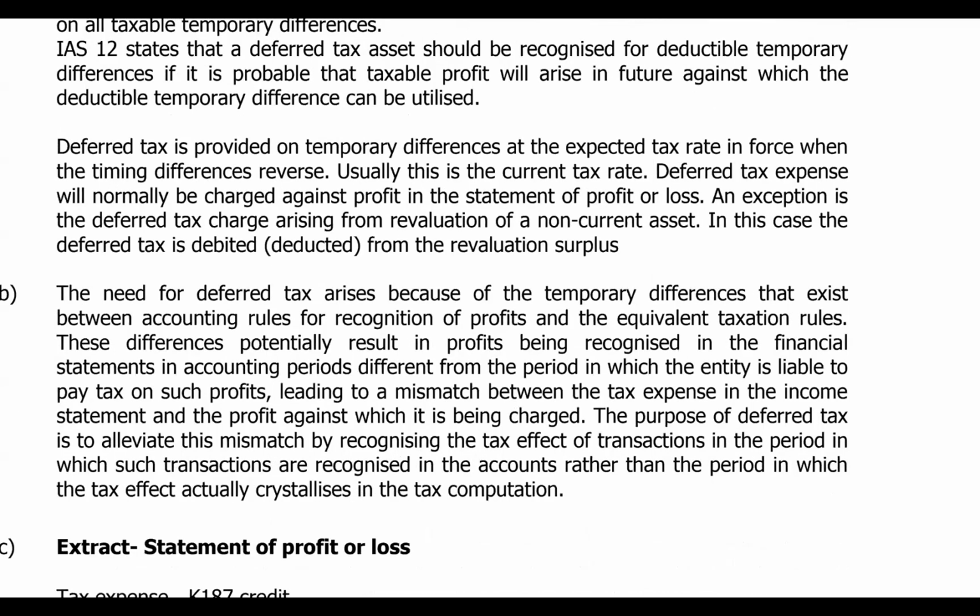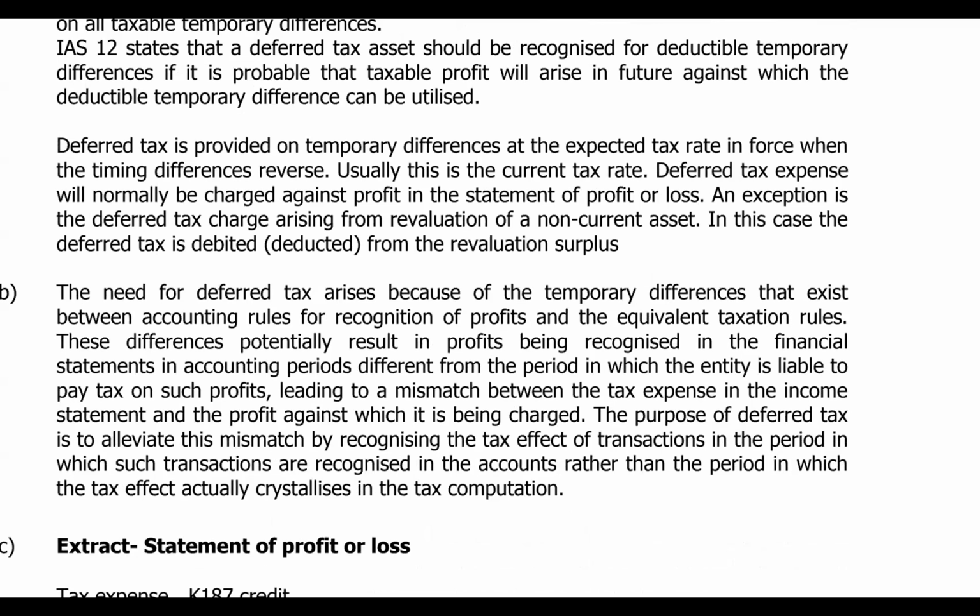Deferred tax is provided on the temporary differences at the expected tax rate in force when the timing differences reverse. So you apply the percentage on the temporary differences. That's how we get the deferred tax. I'll show you using figures very soon within this same conversation.